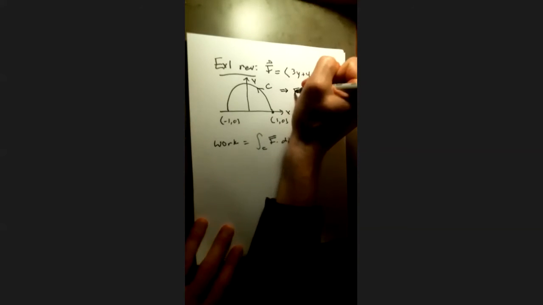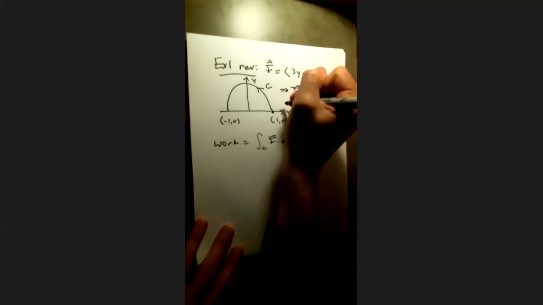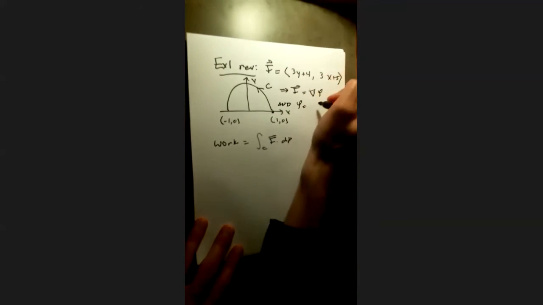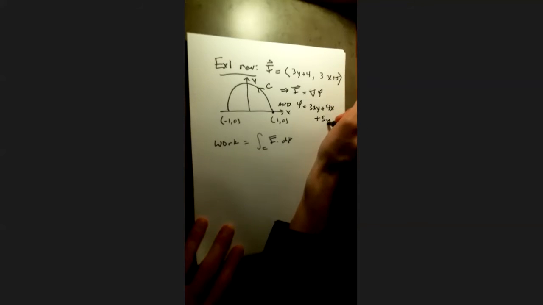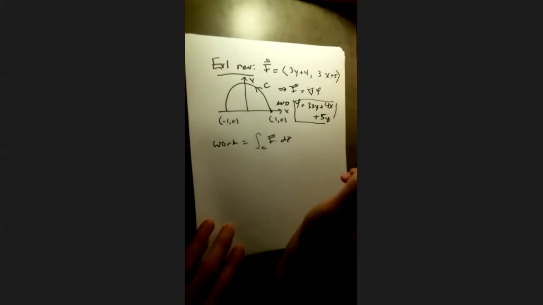That is, we showed that big F was equal to the gradient of phi. And then we found that phi was equal to, I believe, 3xy plus 4x plus 5y. So we showed that yesterday.